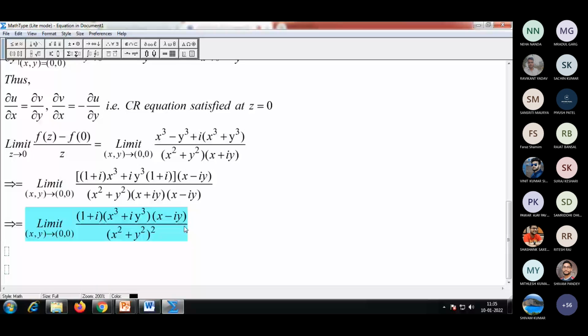So for the existence of this one, we are going to choose a random path. If it is depending on the path, you must show that, and it means the limit will not exist.